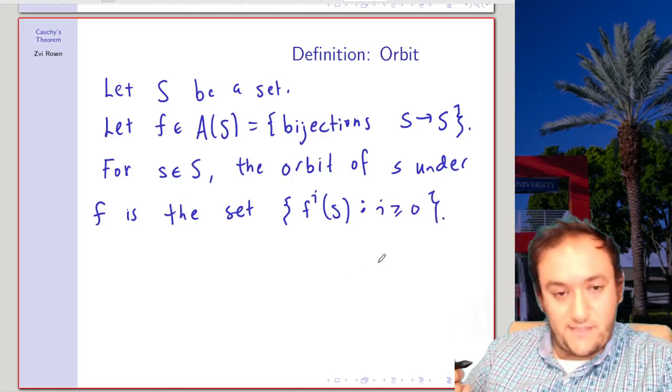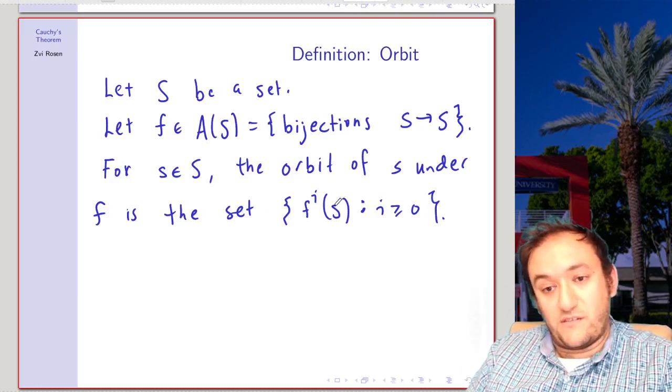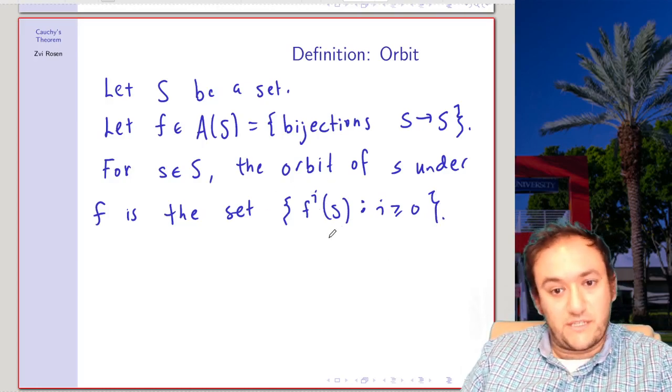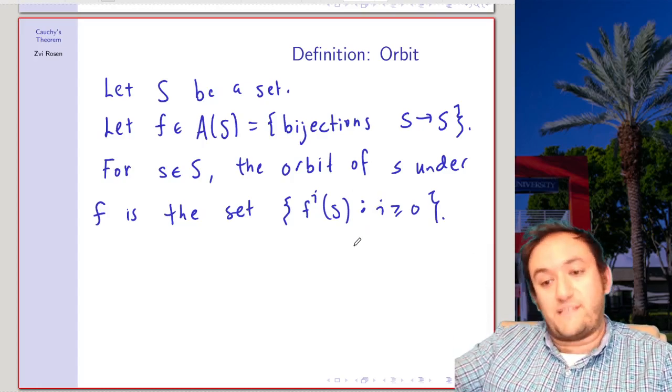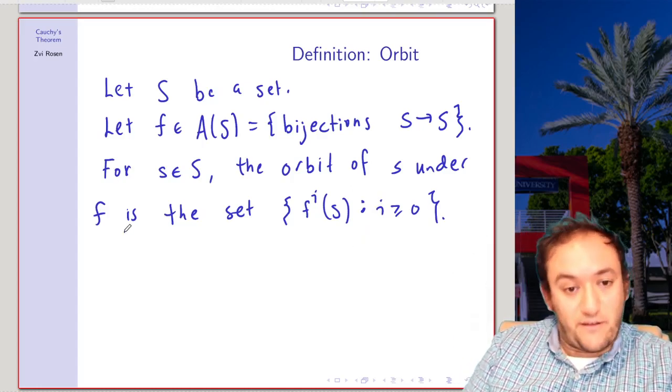Okay, so you have s when you apply the function zero times, and then you have f of s, f applied twice to s, etc.